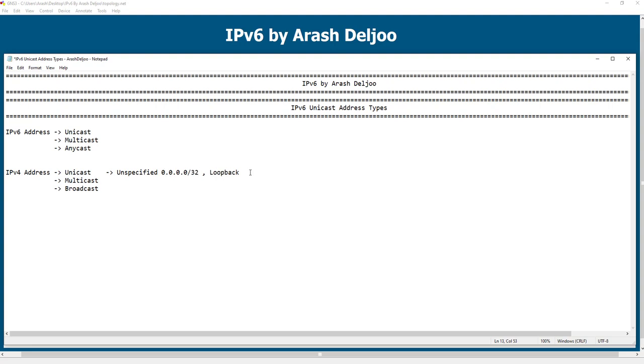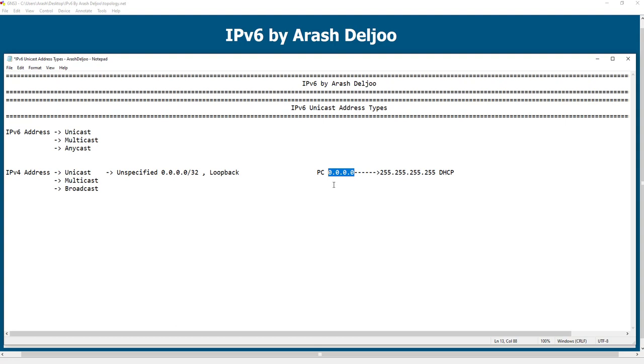For example, in IPv4, when your PC wants to take an IP address from DHCP service because it does not have any IP address, it should use quad 0 as the source IP in the packet to quad 255, the broadcast, for finding the DHCP. We use the quad 0 unspecified IPv4 unicast address when we don't have an IP address, and after we take an IP address, we should use our specific IP address.